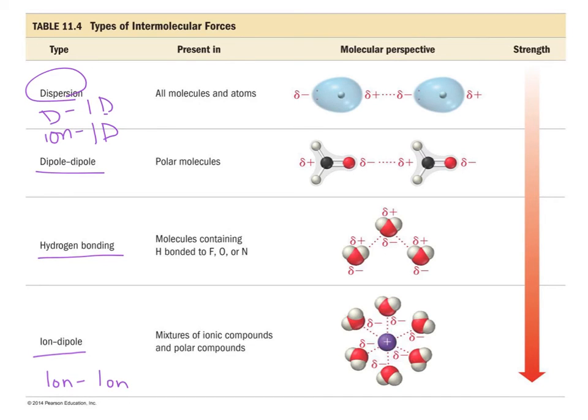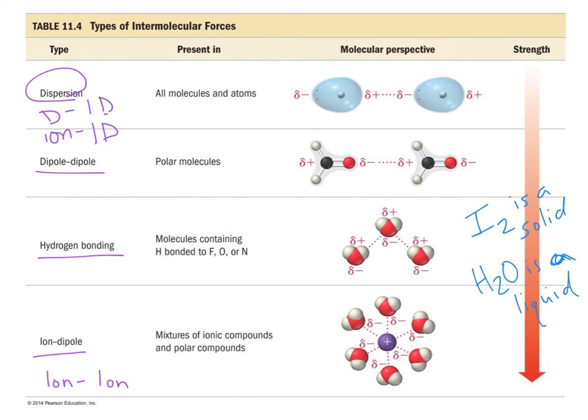Now, in some cases, large molecules with only LDF can actually exhibit greater IMF than polar molecules with dipole-dipole forces or even hydrogen bonding. For example, iodine, which is a nonpolar molecule, is a solid, and water, which is polar and it's got hydrogen bonding, is a liquid, which indicates that the intermolecular forces in iodine are actually stronger than the intermolecular forces in water.